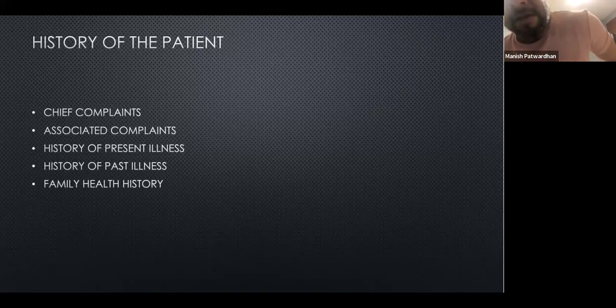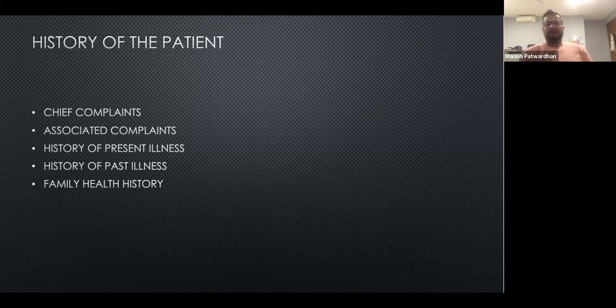So, chief complaints, associated complaints, history of present illnesses, history of past illnesses. You will ask all these questions and write them down in details. Then you will ask the person to write down family health history, which is, did they have any health problems? How was the health of the mother? How was the health of the father? How is the health of their siblings?